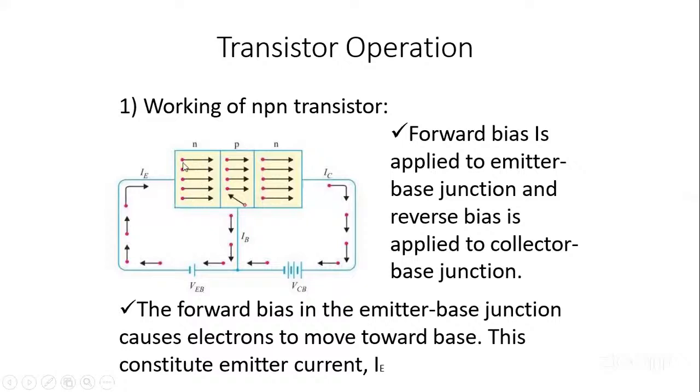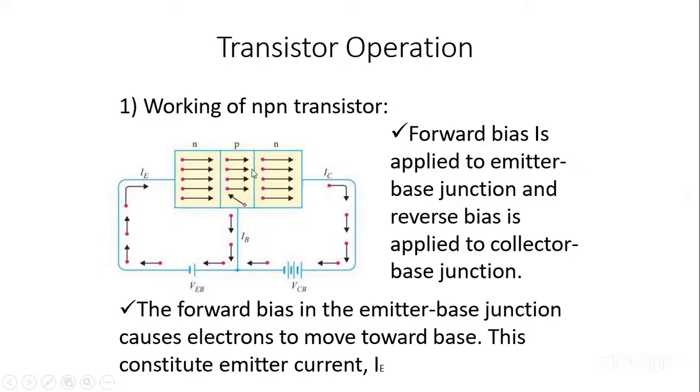Whereas on the left side, N-type and negative are the same polarity, so there will be repulsion. The electrons will be pushed away towards the junction.